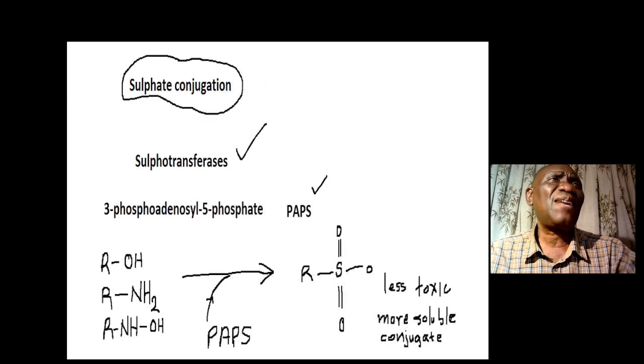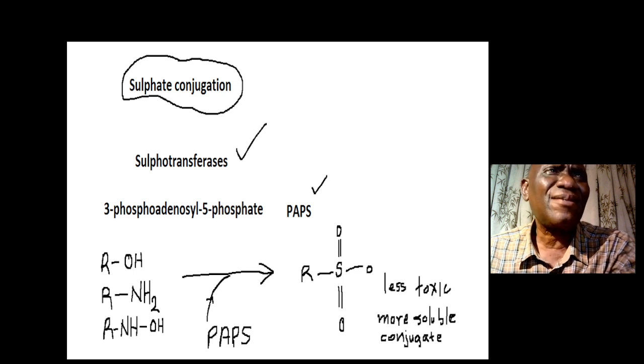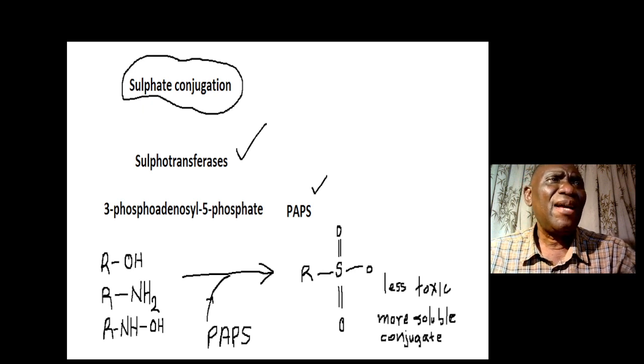Now we have got sulfate conjugation. You need the sulfotransferases, and you need the 3-phosphoadenyl 5-phosphate or PAPS. If you have these structures in any of the pesticides, you end up having this RS with these 3 oxygen atoms attached to it.